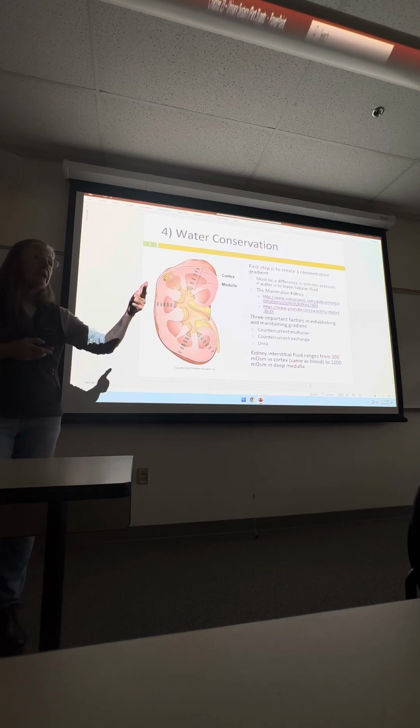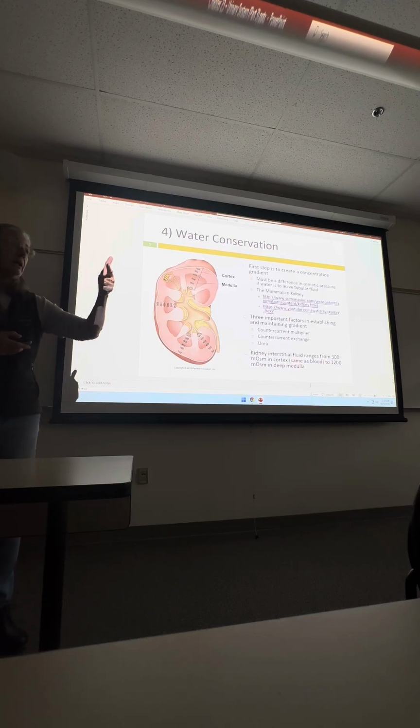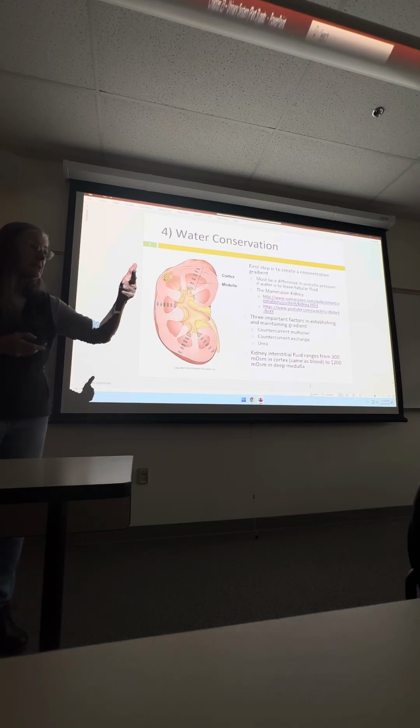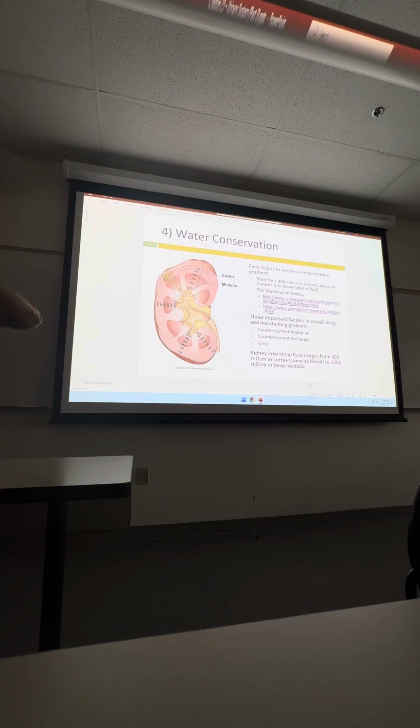Angiotensin 1 is converted to angiotensin 2 in the lungs via ACE, right? Angiotensin converting enzyme. That angiotensin 2 then has widespread impact on all the vasculature, causes vasoconstriction, increasing blood pressure. It impacts the adrenals to release aldosterone.